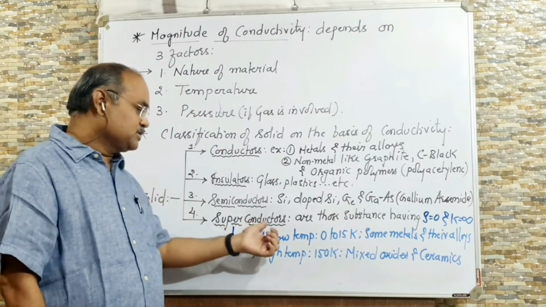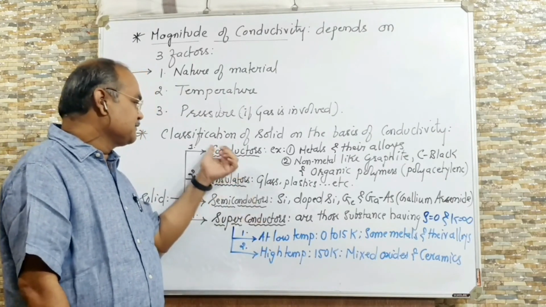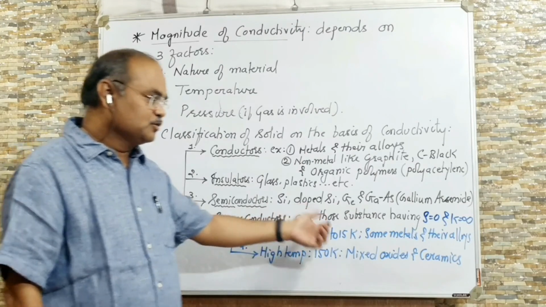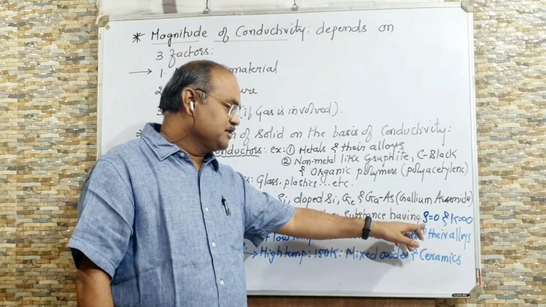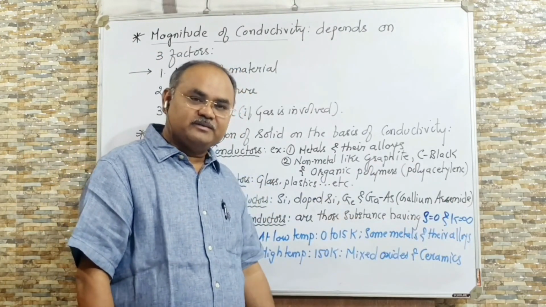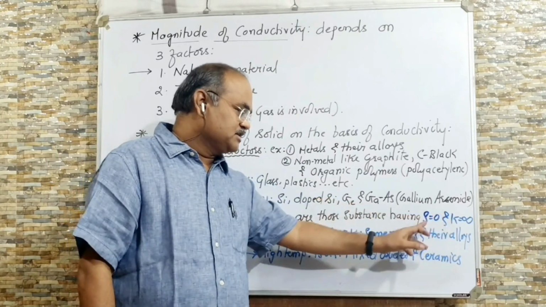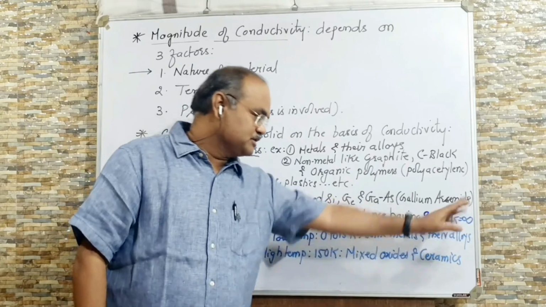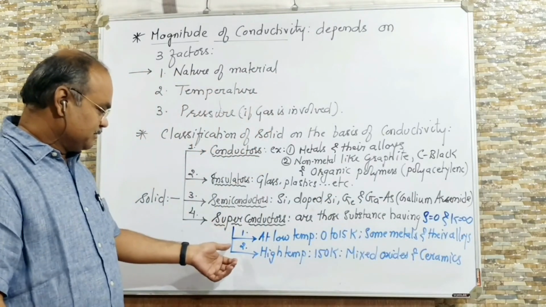So the fourth solid classified on the basis of conductivity is superconductors. Superconductors are those substances having resistivity 0, conductivity infinite, because conductivity is the inverse of resistivity, 1 by rho, which is 1 by 0, infinite. There are two examples.